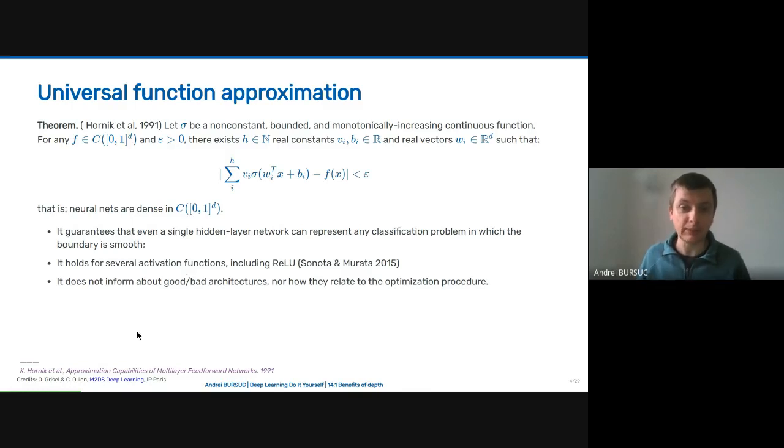So there are some things that are omitted from this theorem, but it still serves as a good motivation to show that we can actually approximate to reasonable degrees several types of functions.